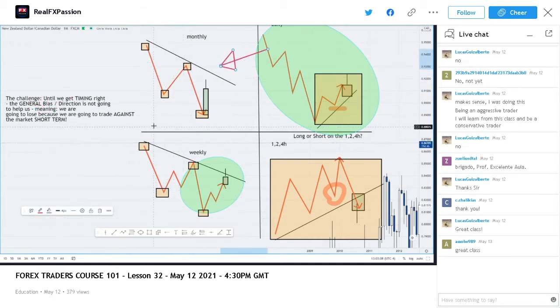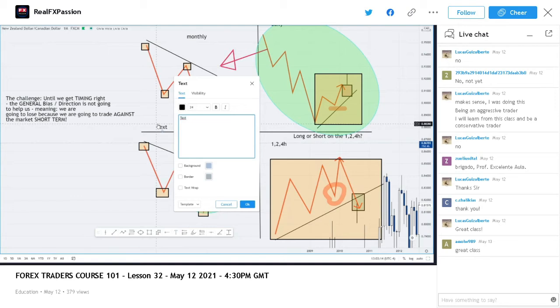And so general direction, come on, TradingView. General direction. Everybody, general direction, long or short? What do you think? There is no right or wrong.